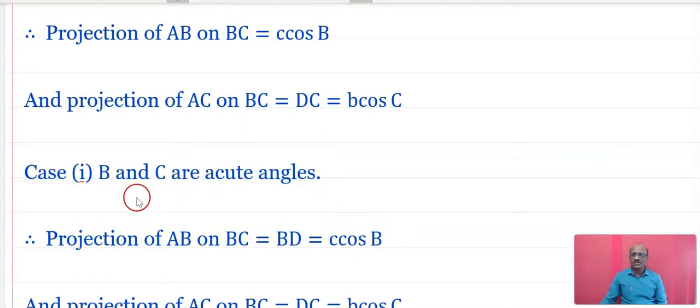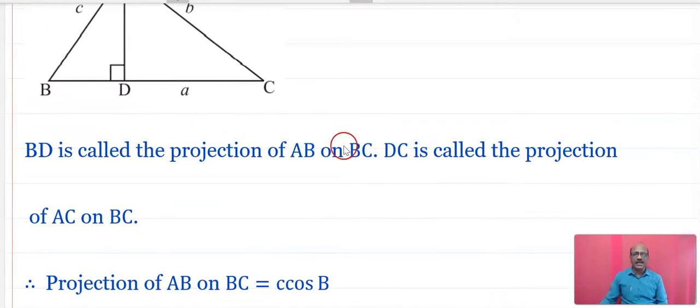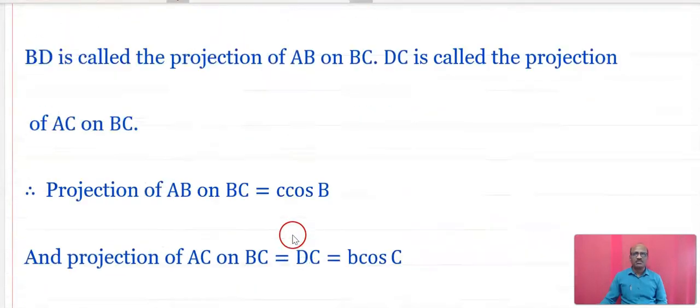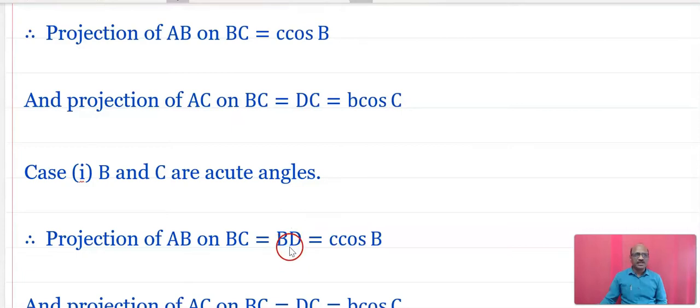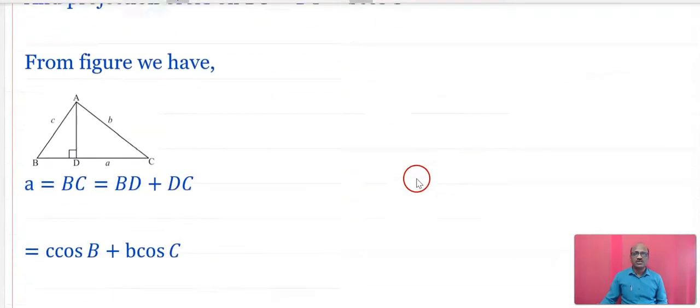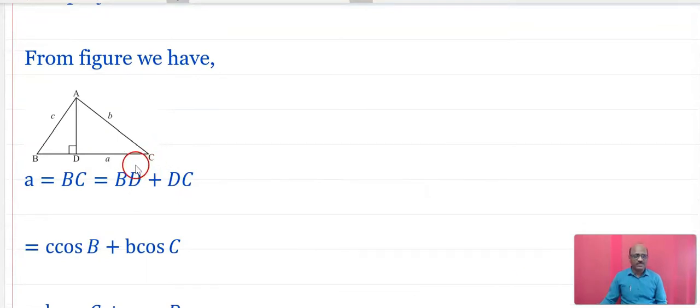Now we consider the cases. First case: B and C are acute angles. The projection of AB on BC is BD, which is c cos B, and the projection of AC on BC is DC, which is b cos C. Now from the figure, a is equal to BC, that is nothing but BD plus DC.